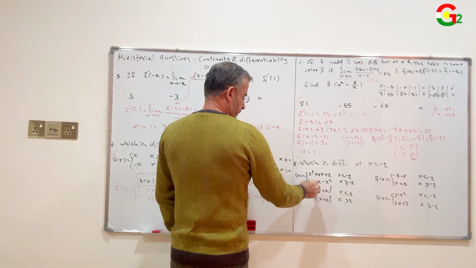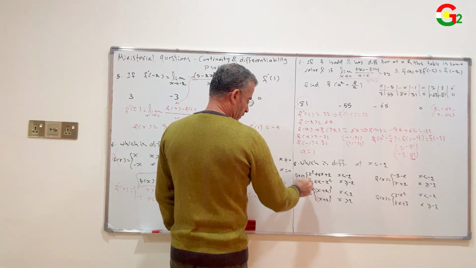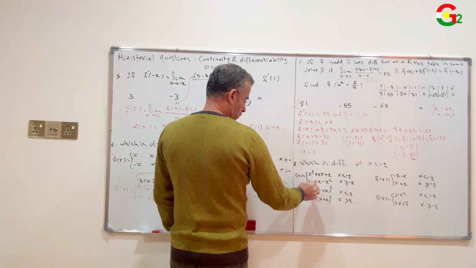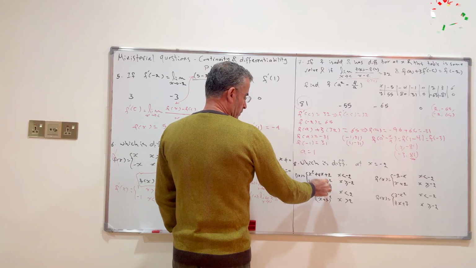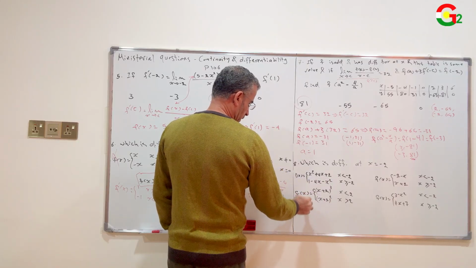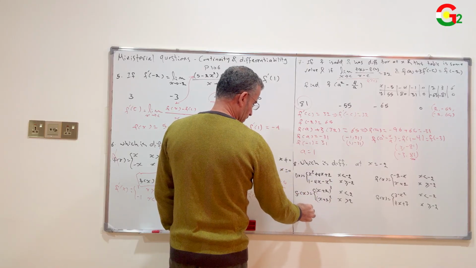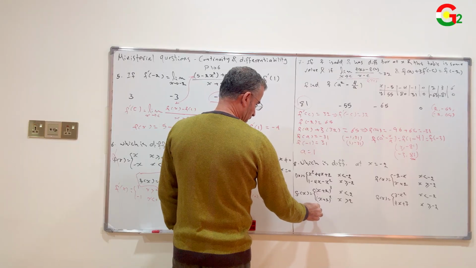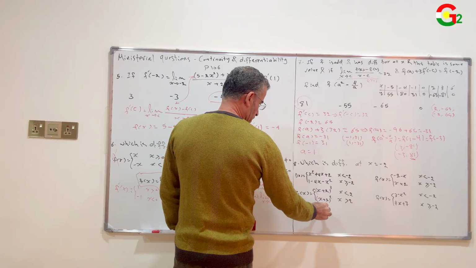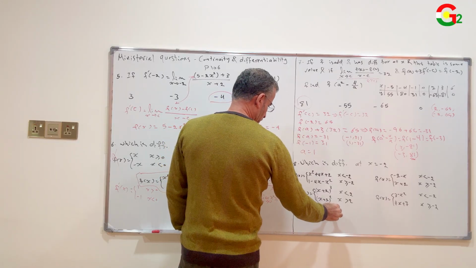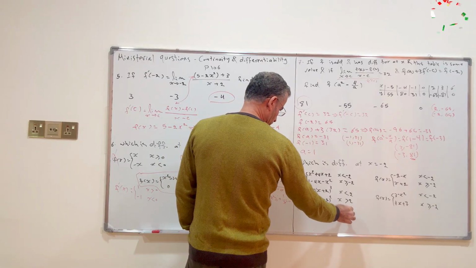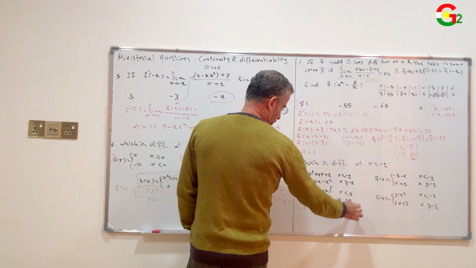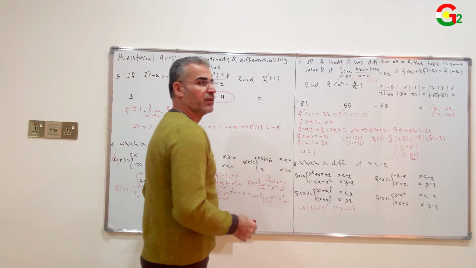F of negative 2 for the first function: 1 minus 4 times negative 2 minus negative 2 squared equals 1 plus 8 minus 4, equals 5.